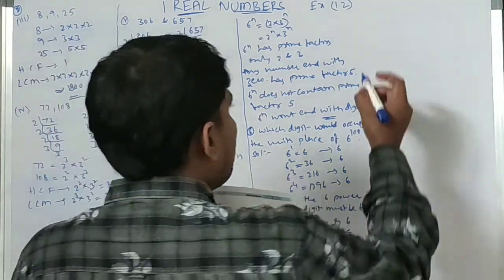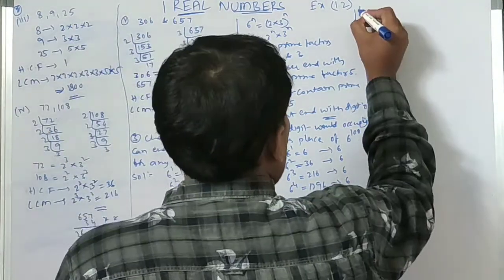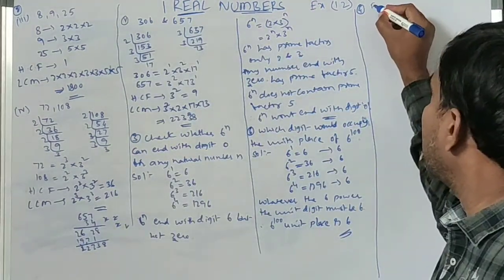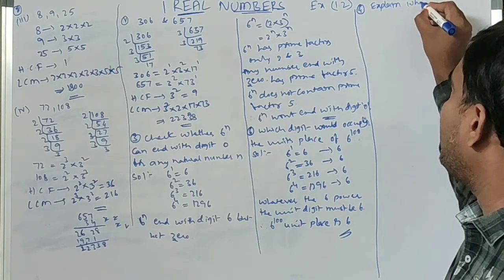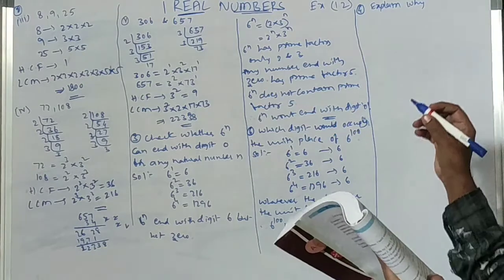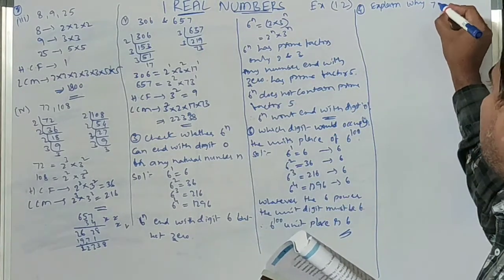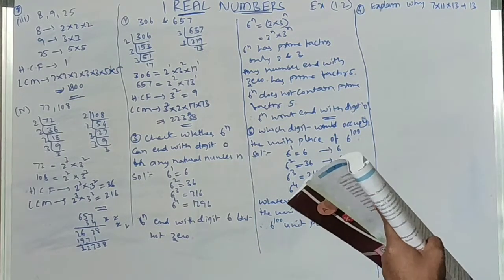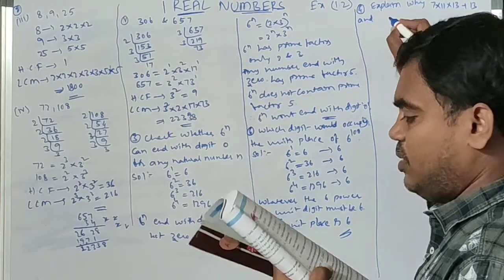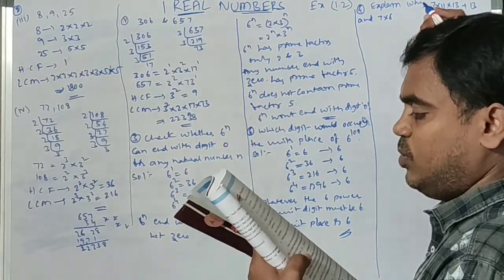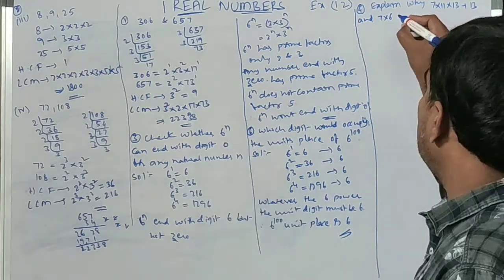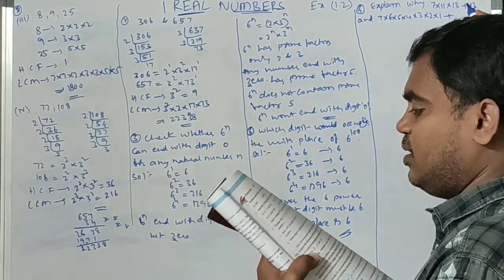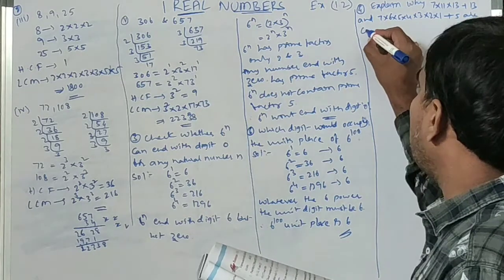Okay, next, fourth question. Explain why 7 into 11 into 13 plus 13, and 7 into 6 into 5 into 4 into 3 into 2 into 1 plus 5 are composite numbers.